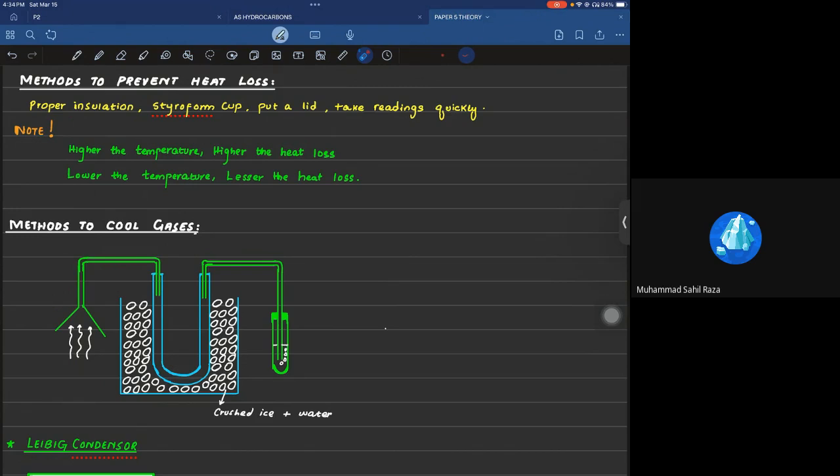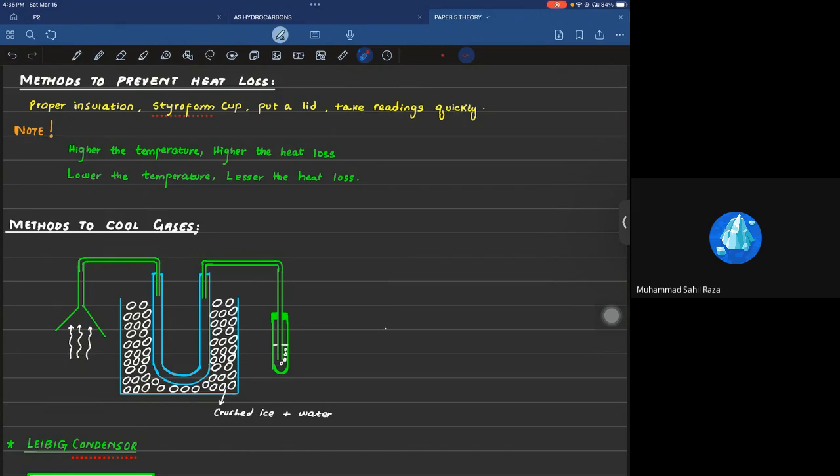Automatically, the particles would be losing their kinetic energy due to the lower temperature. So their temperature would be lower, and I can say that the gas is cooled. In this way, you can cool the gas.